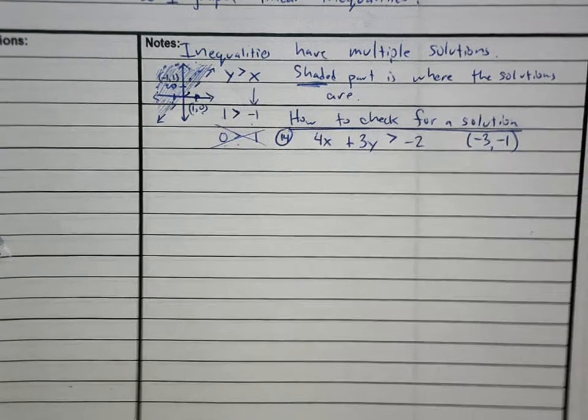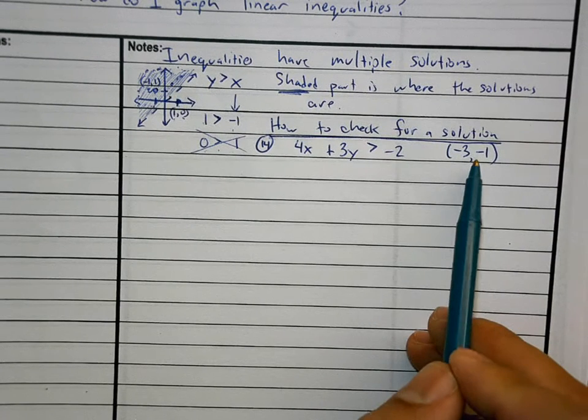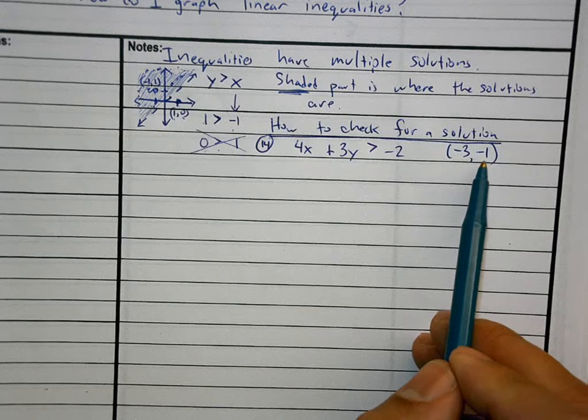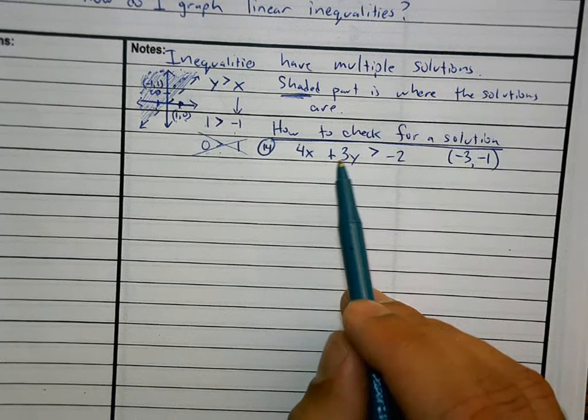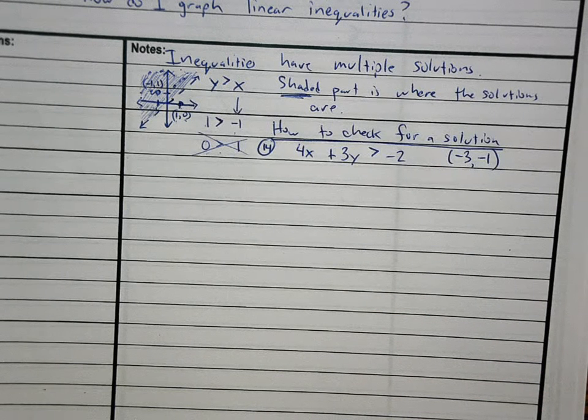I want to see, is this ordered pair a solution to this inequality? How do I check? I just check by plugging it in. Plug it in and see if it's true.